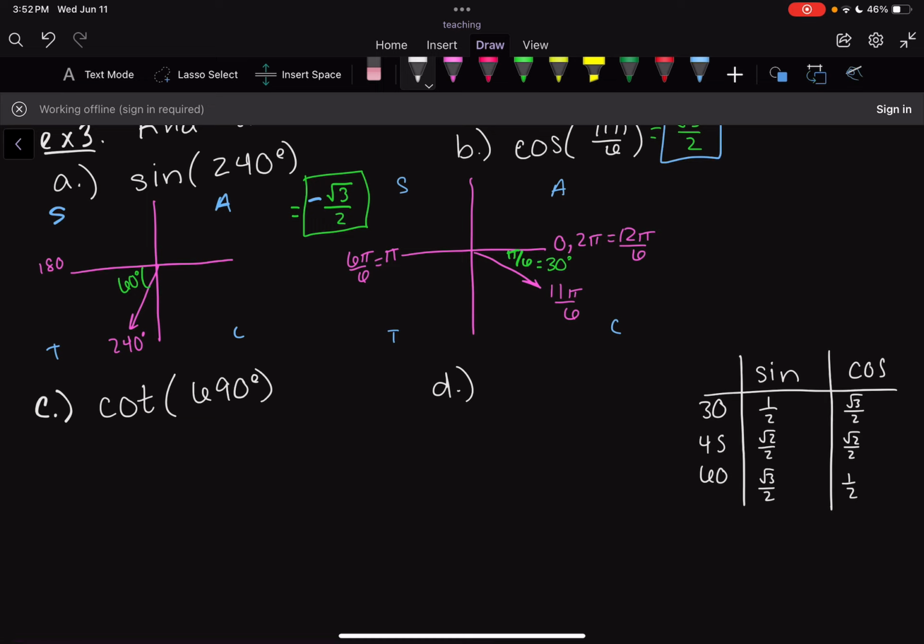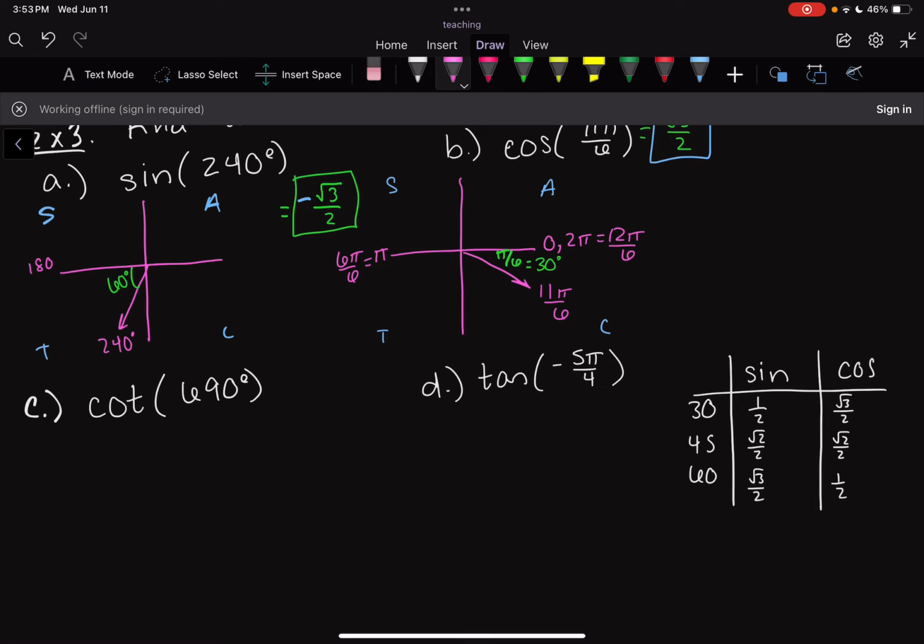And for part D, let me ask tangent of negative 5 pi over 4. And so just to be clear, I'm just picking some, but sometimes the sine and cosine can go well, but maybe the tangent and cotangent don't, or the secant and cosecant and stuff.